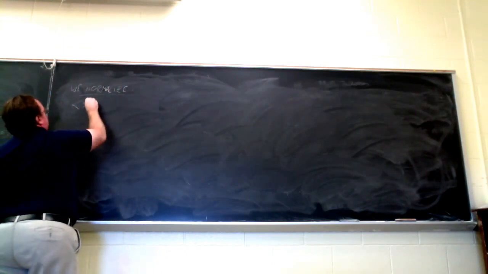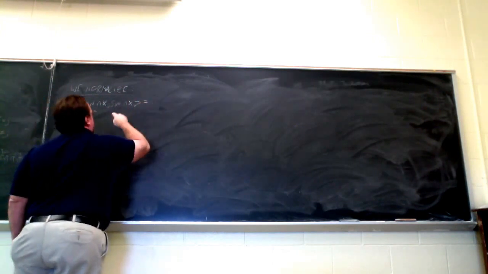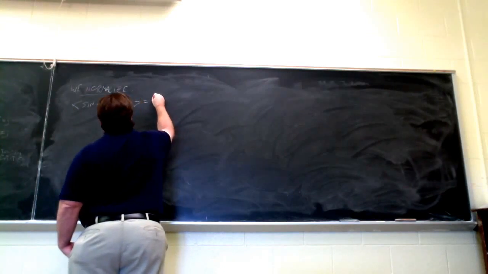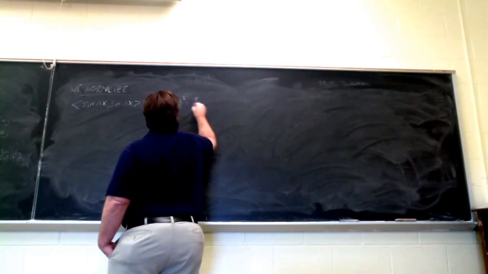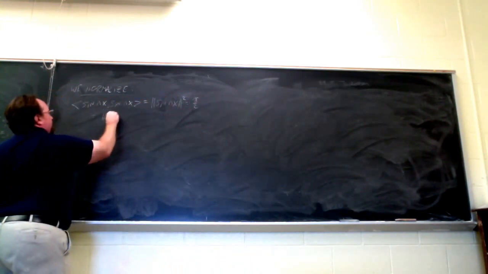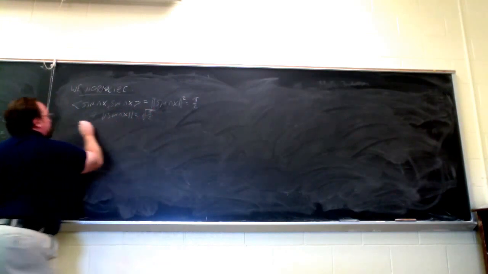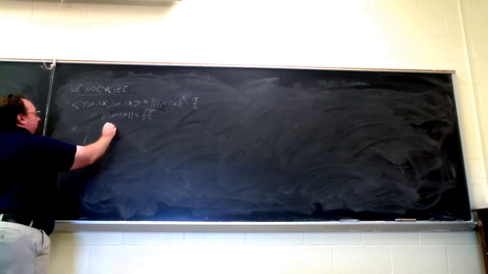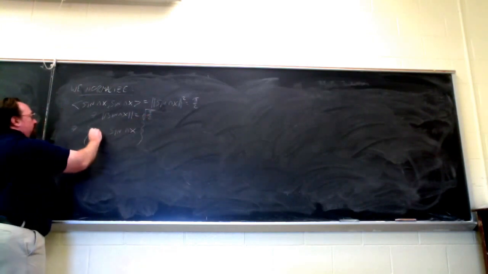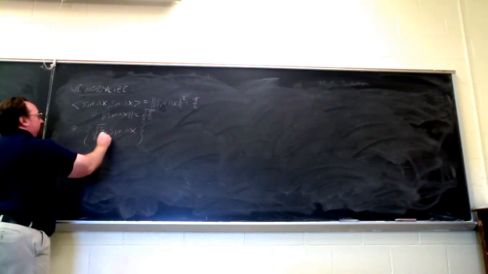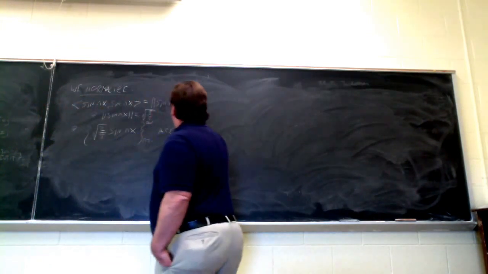The inner product of sine nx with itself, keep in mind, that's the same as the norm of sine nx squared, and that is equal to pi over 2. So the norm of each one of these is the square root of pi over 2. So a set of all functions where we take sine nx and divide by its norm, square root of pi over 2, gives square root of 2 over pi times sine nx. These functions are orthonormal.